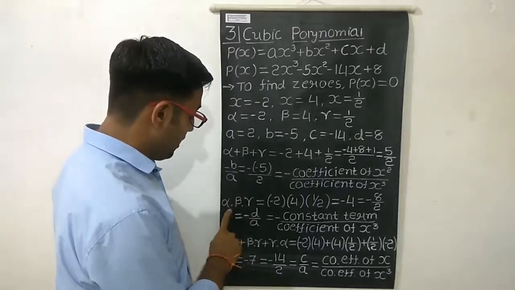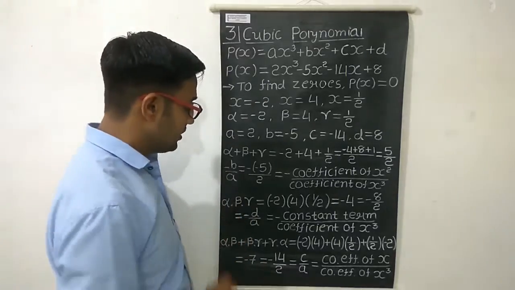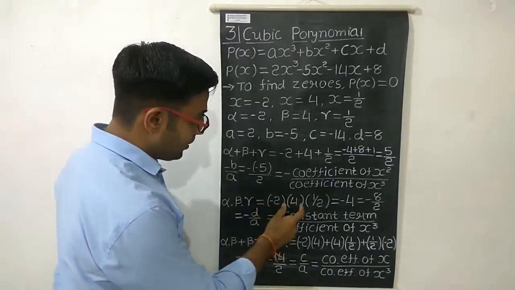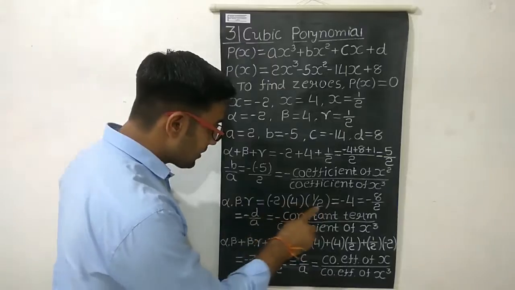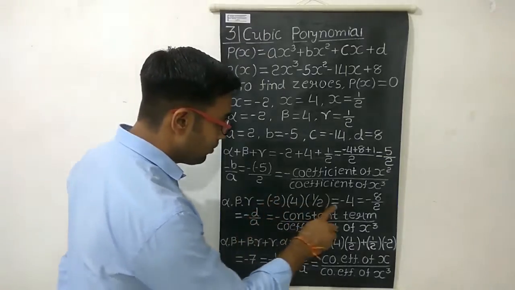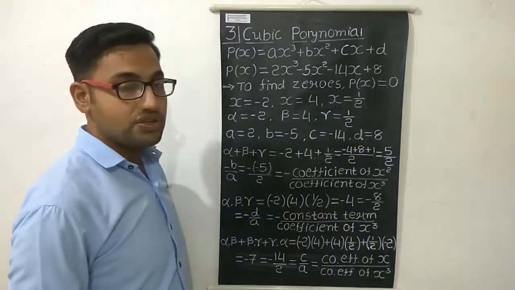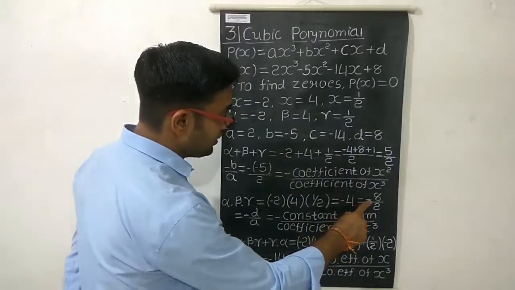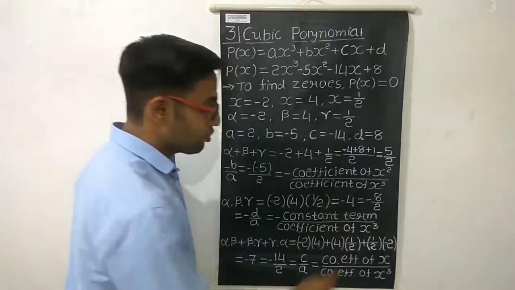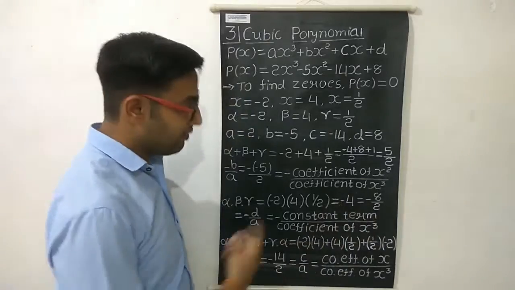The second relation is alpha into beta into gamma, that means the product of all three zeros. So minus 2 multiplied by 4 multiplied by 1 upon 2. Now this 2 and 2 will cancel out each other, and minus 4 remains. Is there any minus 4 in the given coefficients? No. So we can write minus 4 as minus 8 upon 2, because by cancelling the common factor we get minus 4 again. Why do we do this?